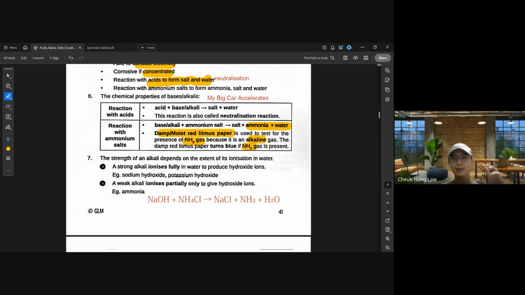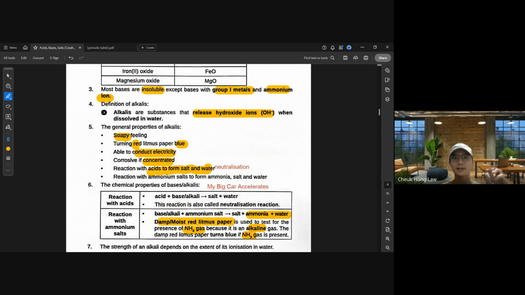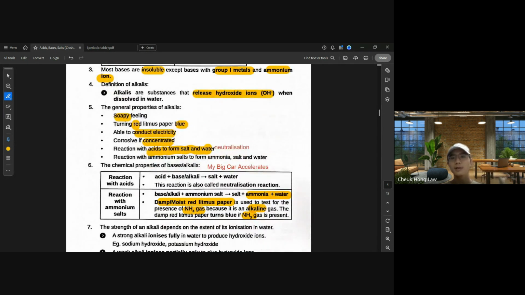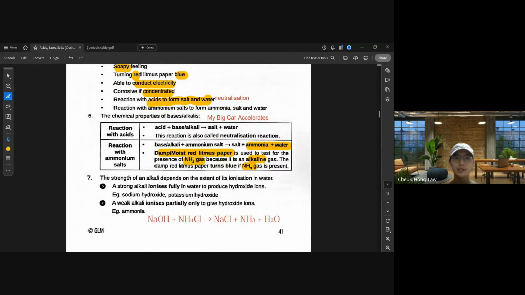It's important that the red litmus paper is damp, because we learned that alkalis release hydroxide ions when dissolved in water. Only when it touches the water will it release the hydroxide ions, and these hydroxide ions are what cause the red litmus paper to turn blue. So that is your reaction.